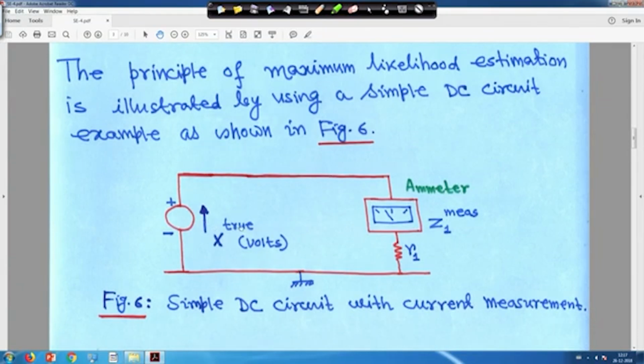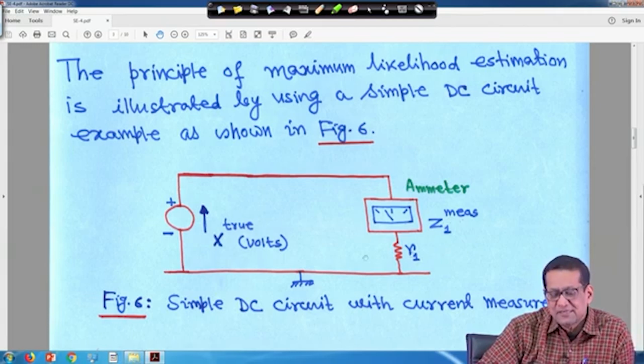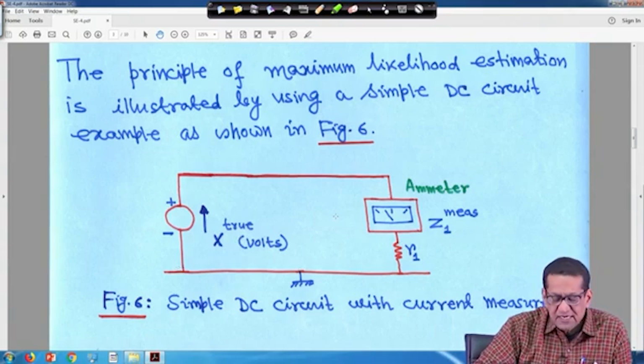This is the voltage, the true value, which we have to estimate, and we have taken a simple circuit first. It is a voltage source, an ammeter, and one resistance R1, and this is Z1 measure, the ammeter reading in ampere. So, Z1 measure will be x upon R1 in general, because x is the volt and Z is the current, ampere, right.